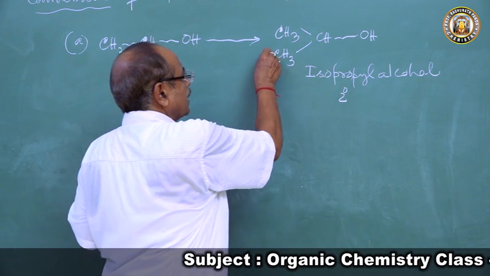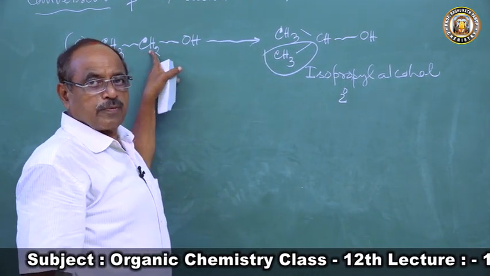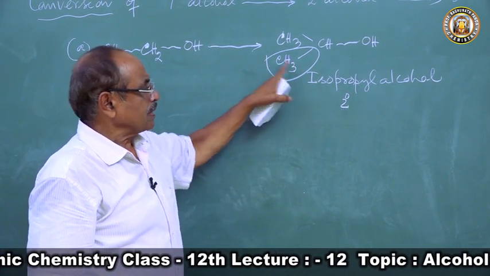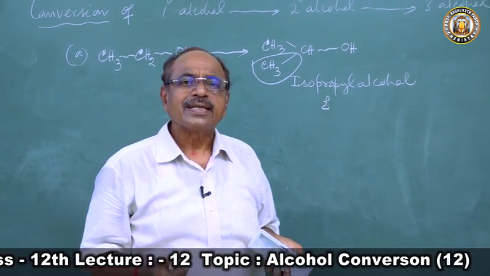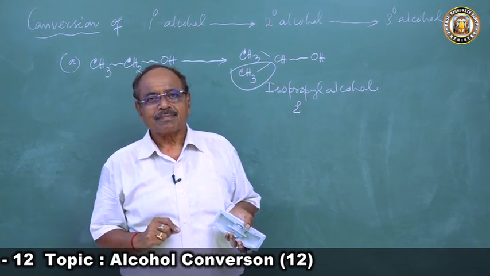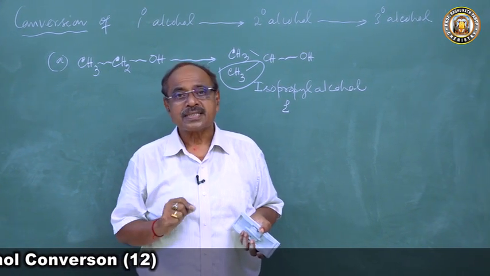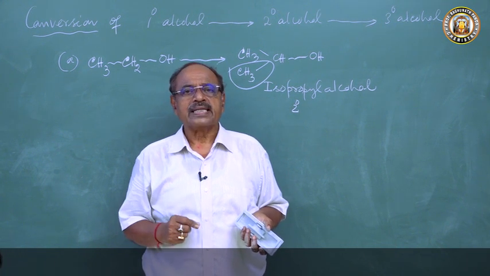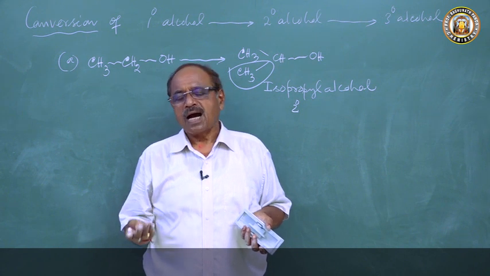So this alkyl group we have to include in ethyl alcohol. When you compare this with this, what is it? A methyl group is introduced. What is a methyl group? CH3 group is an alkyl group. I have told you one sentence: the Grignard reagent is a precursor of carbanion, that is R minus.